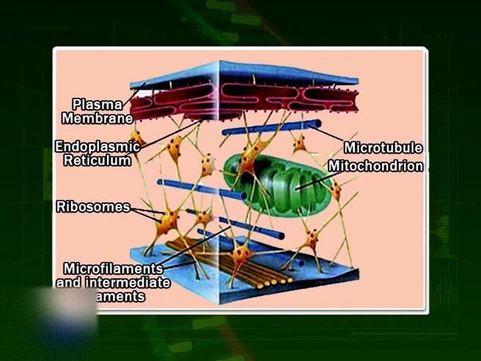Here is a closer diagram in which you can see that there is a mitochondria inside in a green color. Upper is the cell membrane, and above and below the mitochondria there are different types of filaments which are attached on one side to the mitochondria, and on the other side to other filaments or to the endoplasmic reticulum or to the cell membrane.